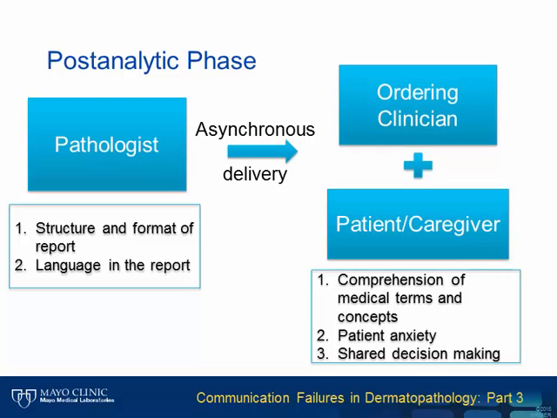The skin biopsy interpretation is conveyed in the pathology report, which commonly resides in the electronic health record. Pertinent pathology findings and recommendations for further evaluation and management may be communicated in the pathology report and/or as an adjunctive message generated by the clinician and transmitted to the patient or caregiver.